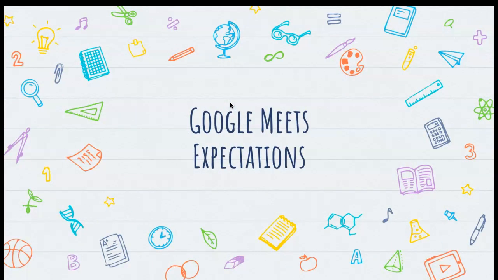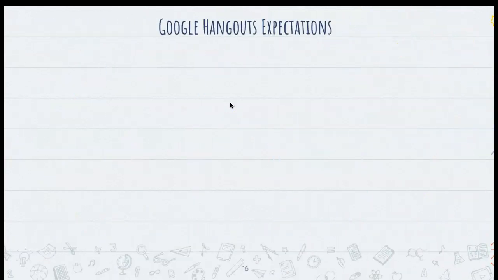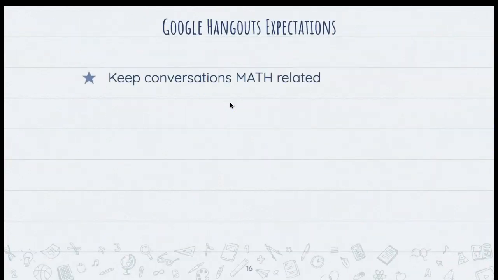Google Meets expectations. These are the daily meetings that we have during office hours where we get on video chats and I share my screen and work out problems with you. So once again, we need to keep those conversations math related.